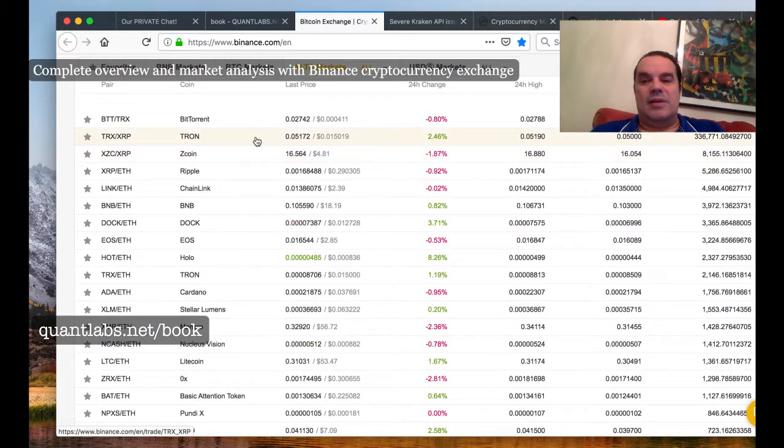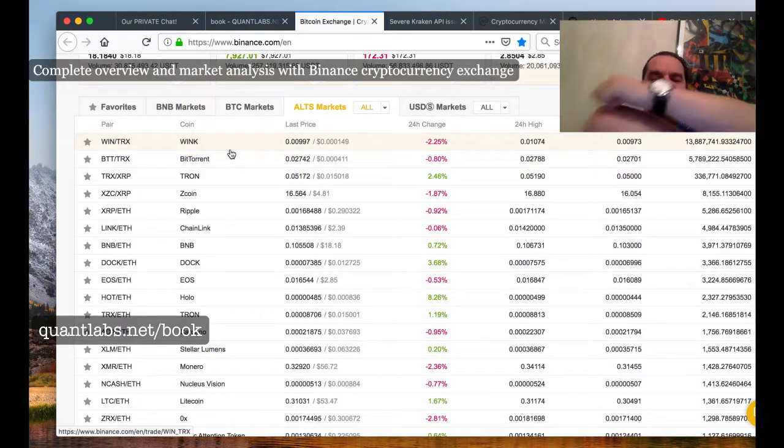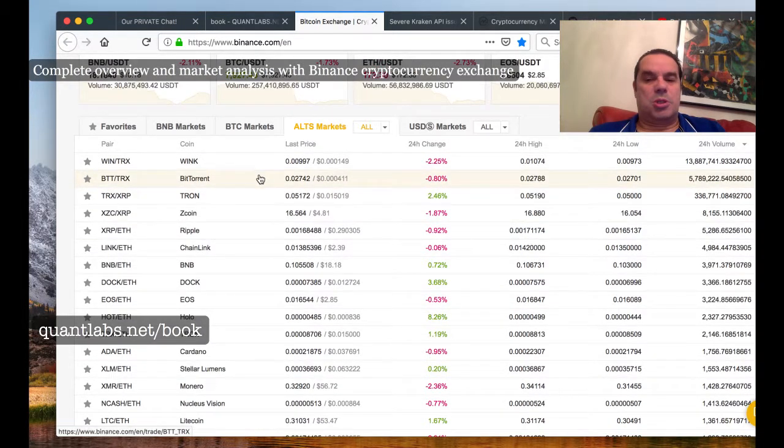So maybe only these two are worthwhile: BitTorrent and Wink against Tron. Tron might be big because I believe it's an Asian based coin, and obviously Binance.com is based out of Asia, so maybe a lot of Asians like trading that. I'm not sure.